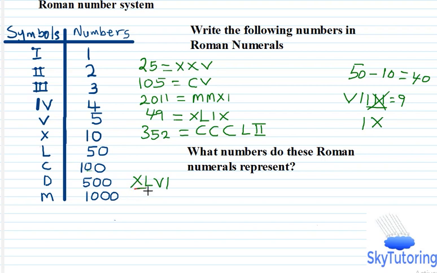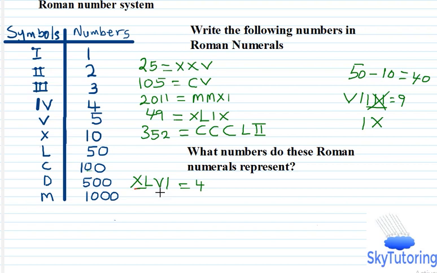So XL is one number. They are not separate. So XL is the same thing as saying 40, because X is 10, while L is 50. So that will be 50 minus 10, which is equal to 40.